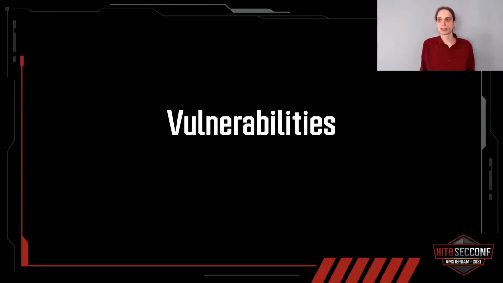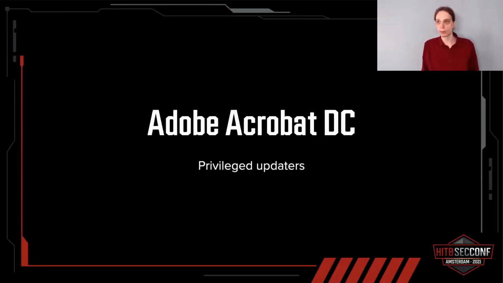And the first one of those is privileged updaters, and that's going to be mainly Adobe Acrobat, but there's also some others that we will cover later. This is an example of where code signing is important, even in third-party applications. So not in the system itself, but in third-party applications.